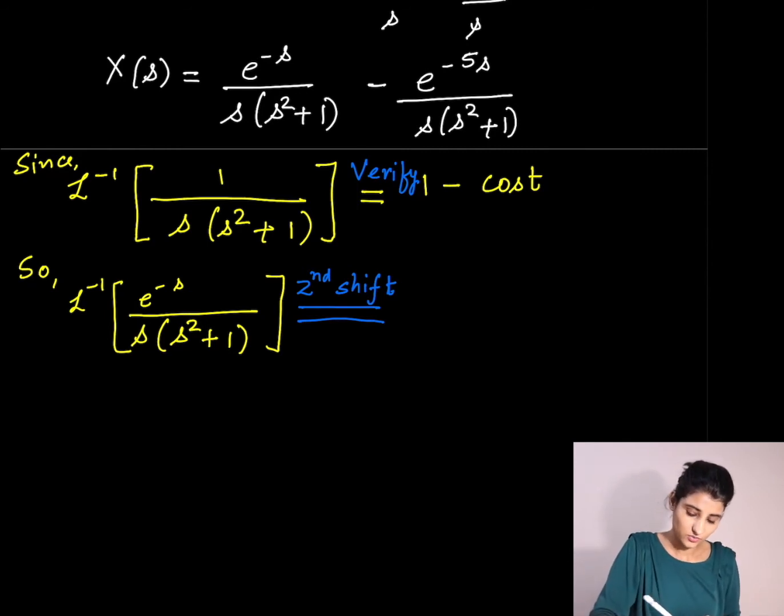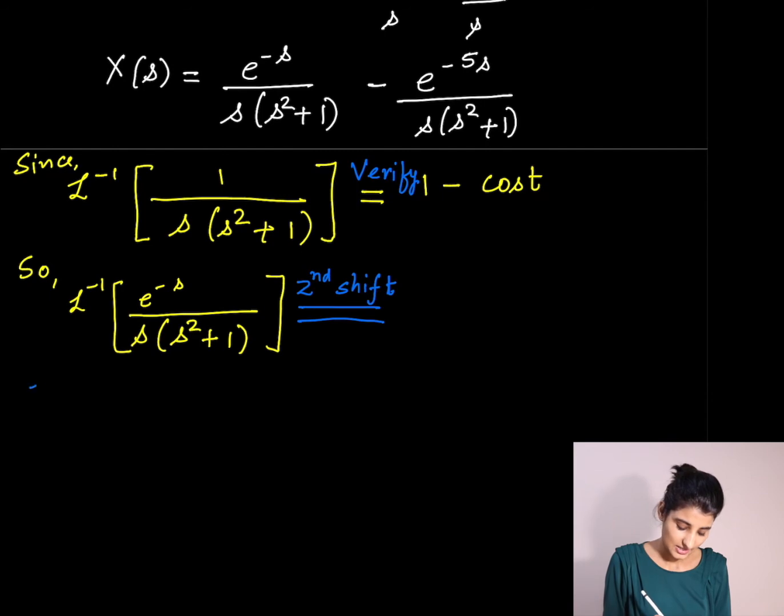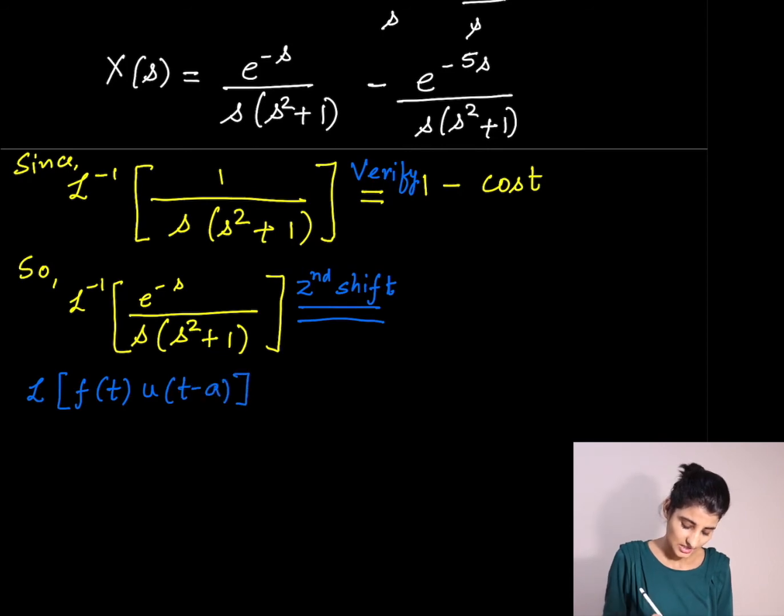Let me write down what the second shift property was, just to recall. In the second shift we had Laplace of a function f(t) times u of t minus a is equal to e to the power negative as times Laplace of f(t plus a).